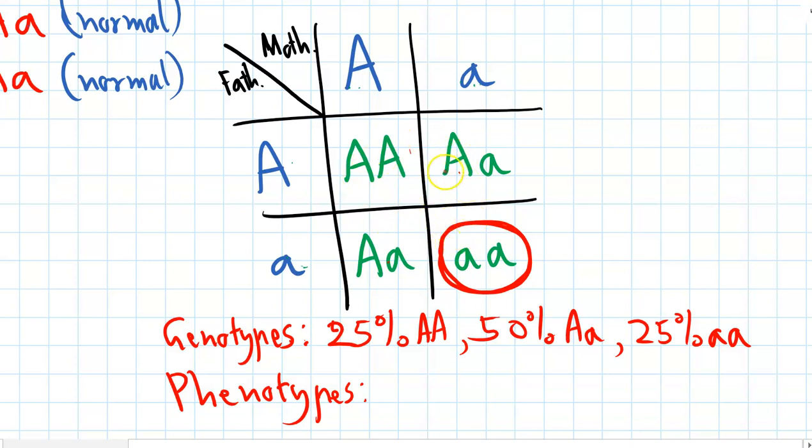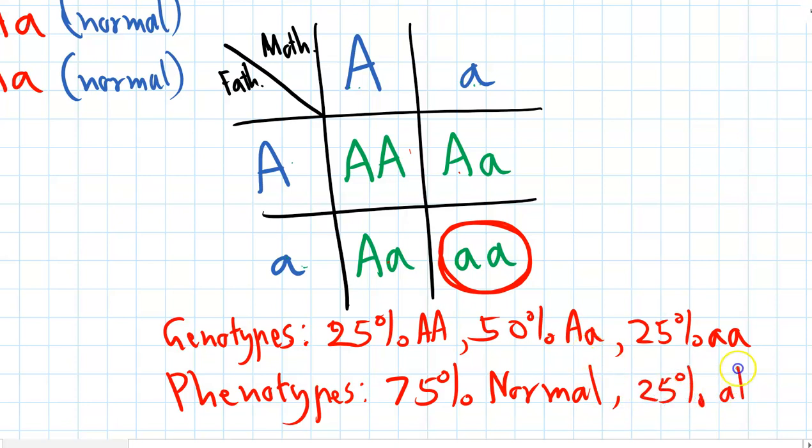We're not saying if they have 4 children, 1 will be albino. It's still probabilities. So 25% are going to be albino, 75% are going to be normal. So we'll list the possible phenotypes and we'll say the probabilities of them too. 75% normal and 25% albino.